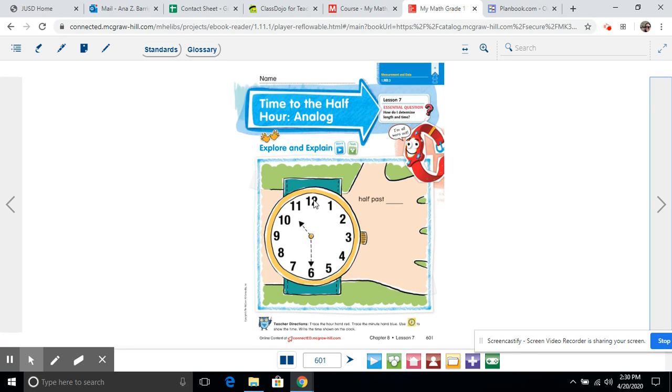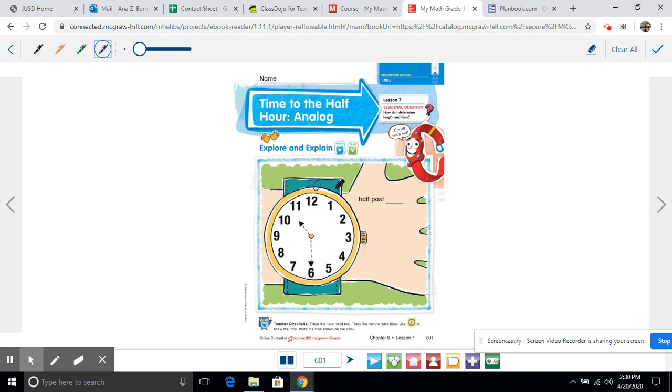We're going to say 0, 5, 10, 15, 20, 25, 30, 35, 40, 45, 50, 55, 60. I'm going to write those numbers in so that you can see the minutes that I'm counting by. This starts with the 00 o'clock that we've been starting with, right?